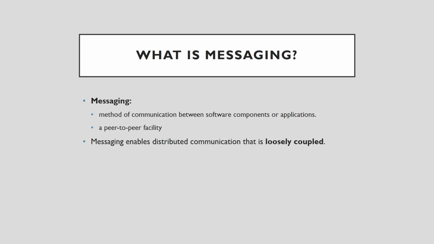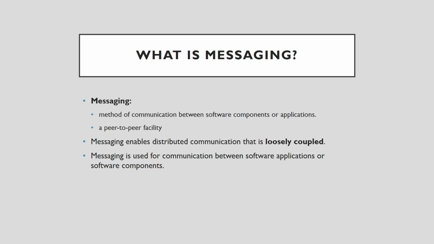A messaging system is a peer-to-peer facility in which a messaging client can send messages to and receive messages from any other client. And each client connects to a messaging agent that provides facilities for creating, sending, receiving, and reading messages.